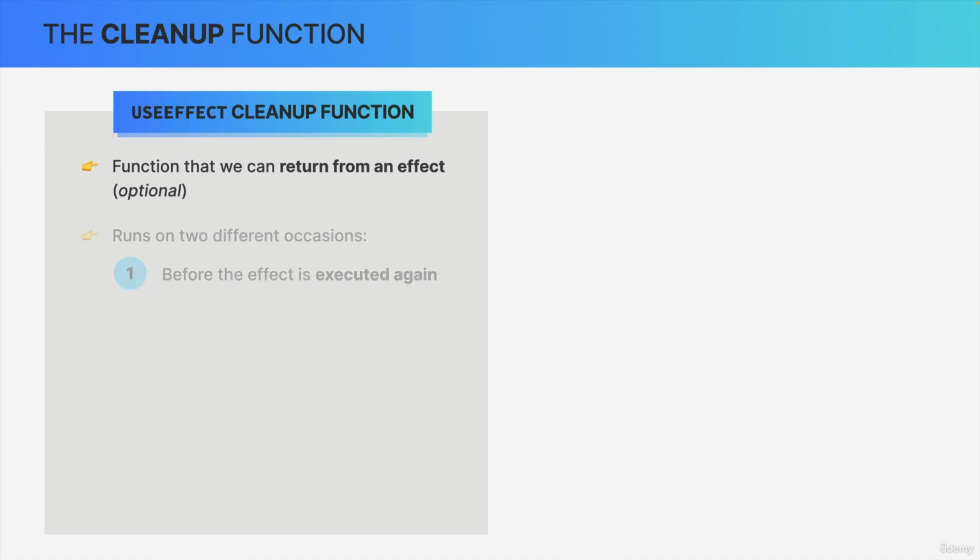First, it runs before the effect is executed again in order to clean up the results of the previous side effect. It also runs right after the component instance has unmounted in order to give us the opportunity to reset the side effect that we created if that's necessary.